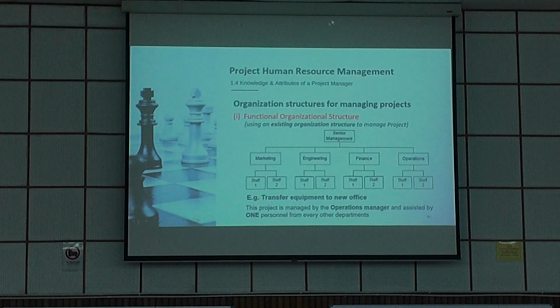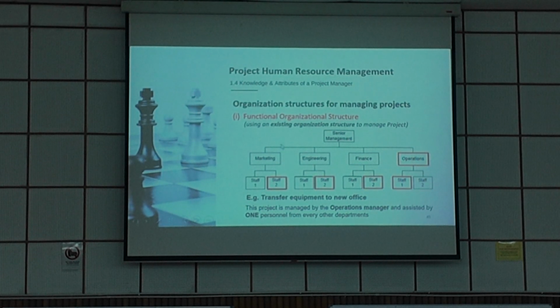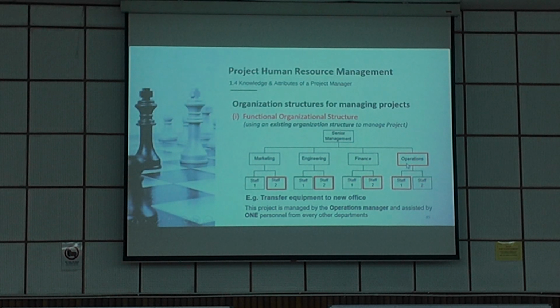So this project is managed by operation manager and assisted by one personnel from every other department. The operation manager is also the project manager for this project, assisted by one staff from every other department.